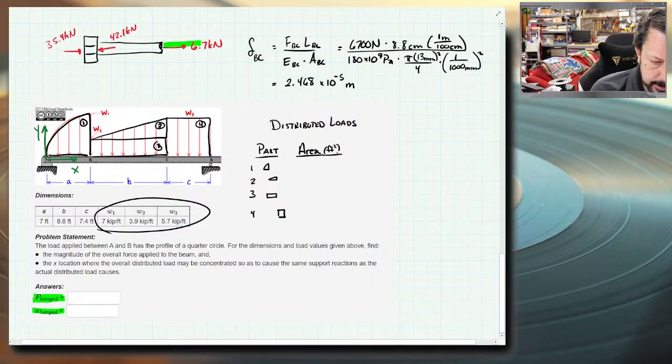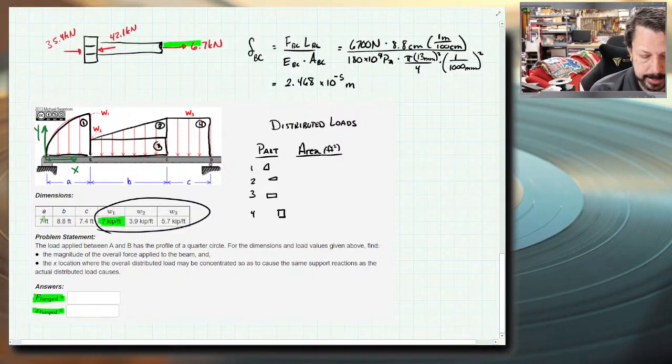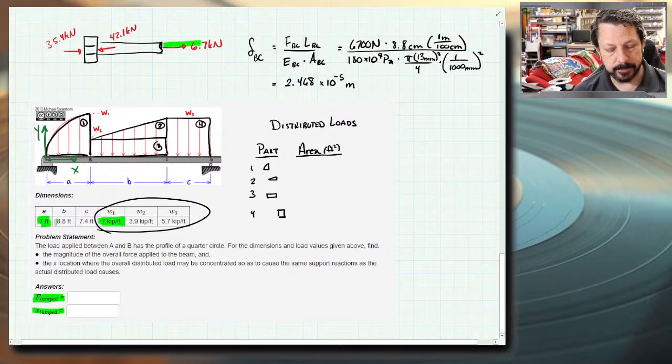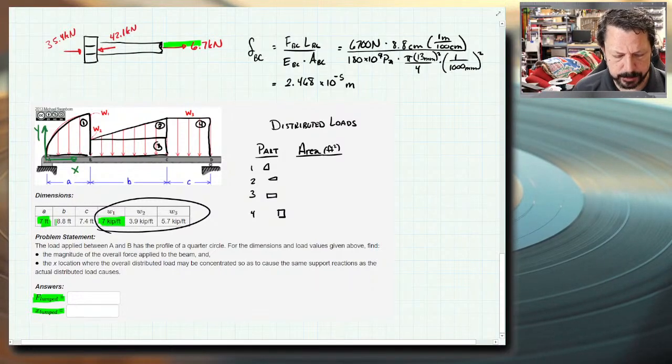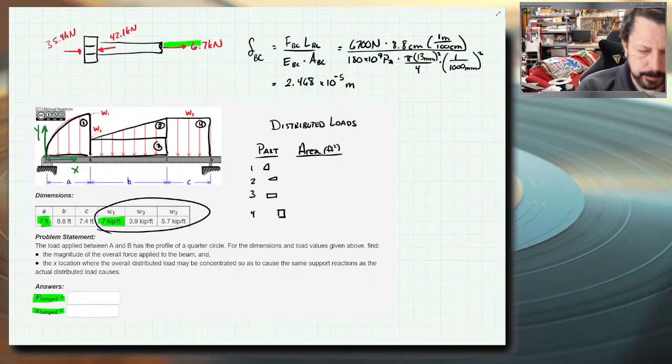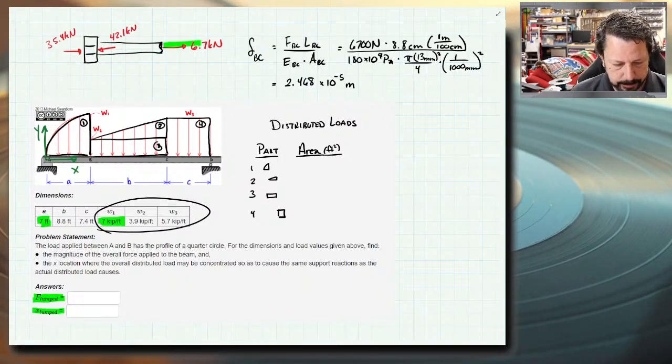Its height is W1, so 7 kips per foot, and its base is 7 feet. So it is actually a quarter circle and not some parabola or ellipse, which would make it significantly more difficult because we'd have to figure out that centroid, and I don't offhand know that. The area of a circle would be pi r squared, and in this case the radius r is 7, so pi times 7 squared, but I only have a fourth of a whole circle.